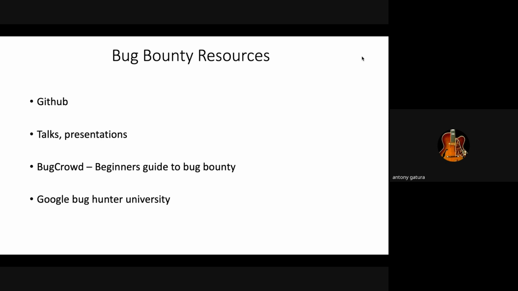Now, for bug bounty resources, there are quite a number. GitHub is a very good resource. When you go to GitHub, just search for bug bounty, you will have an enormous list of resources. And from there, you'll get the talks and presentations that you need. Mostly, those can also be found on YouTube. And then one of the biggest resources is the platform I've just shown you, Bugcrowd.